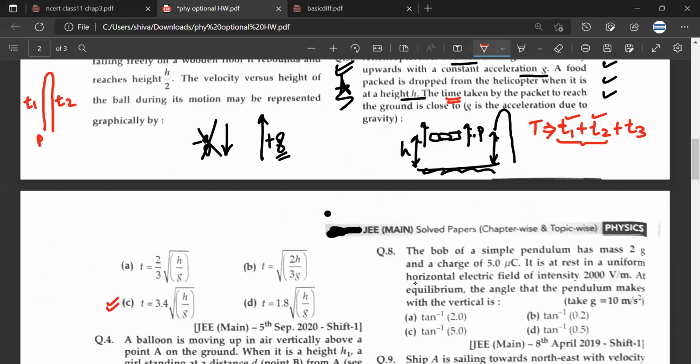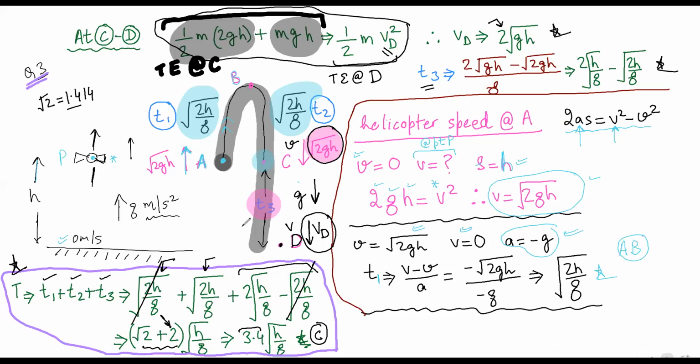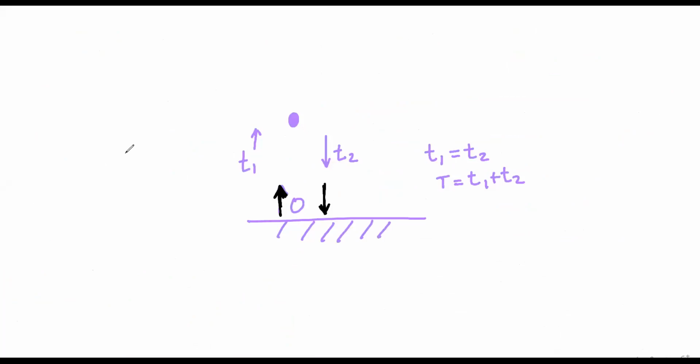What I'll suggest is that you do this question again. I'll upload the solution, that is not an issue. Just do this question again so that you understand the concepts which I have used here. Specifically, I have used that the time of flight while going up is the same as the time of flight while coming down, and the total time of flight is the sum of both.